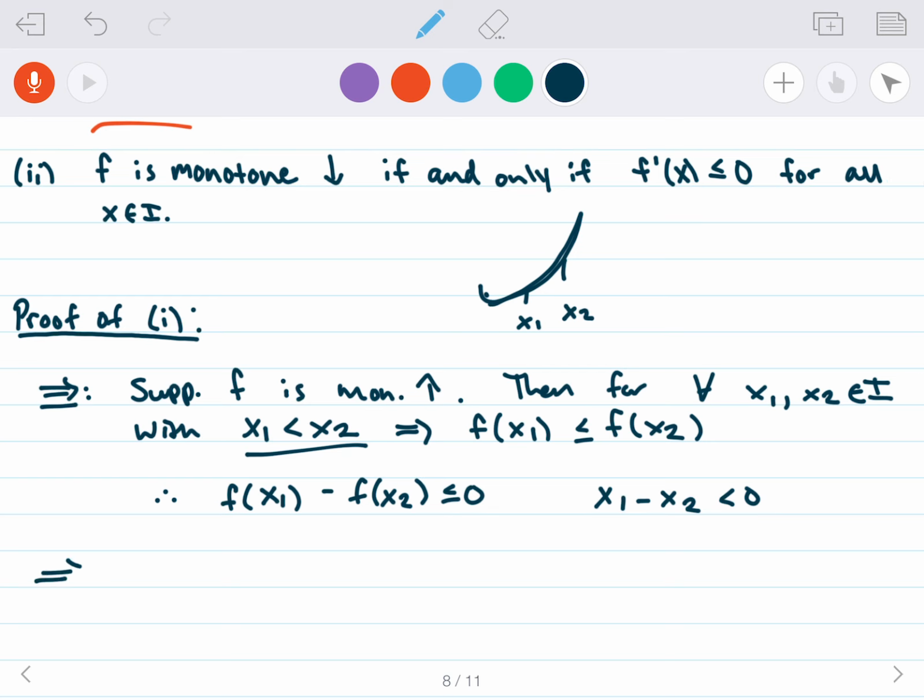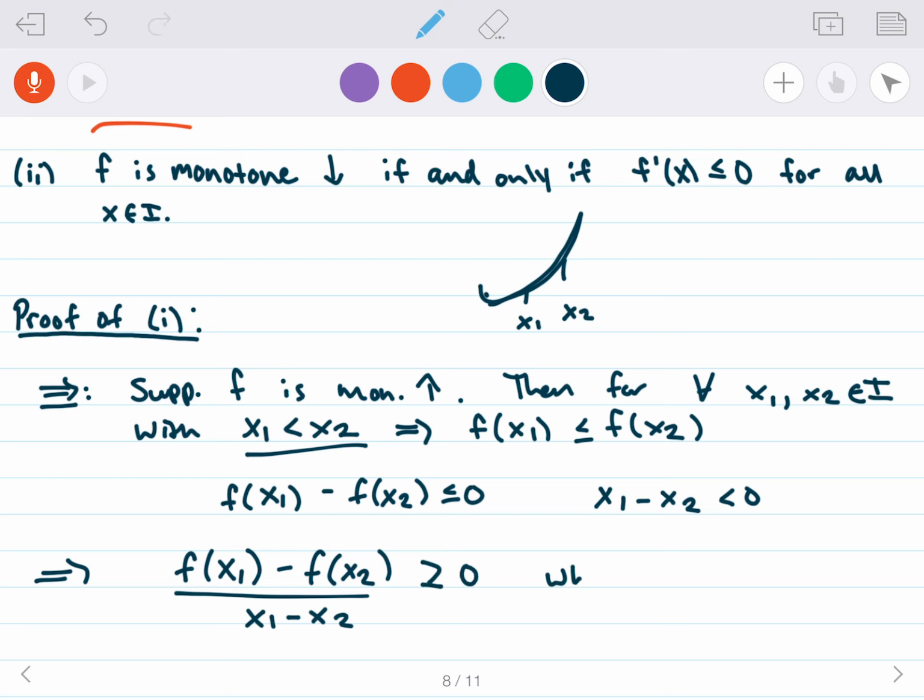So this implies that if I divide this inequality by x1 minus x2, it's going to flip the sign, right? Because this guy's negative. So let's put that here. Minus f of x2. I'm going to divide by this guy, and it's going to flip the sign since x1 minus x2 is negative. So this is going to flip to greater than or equal to.